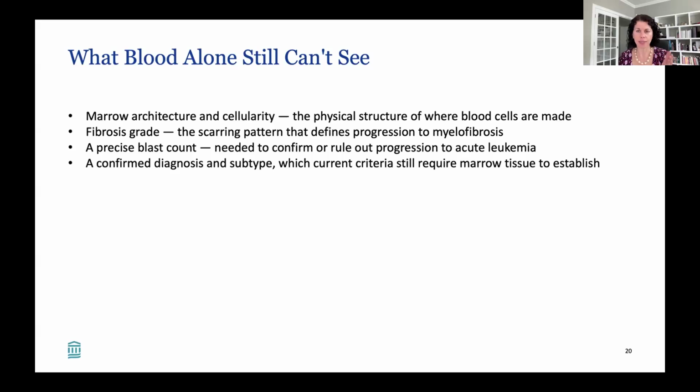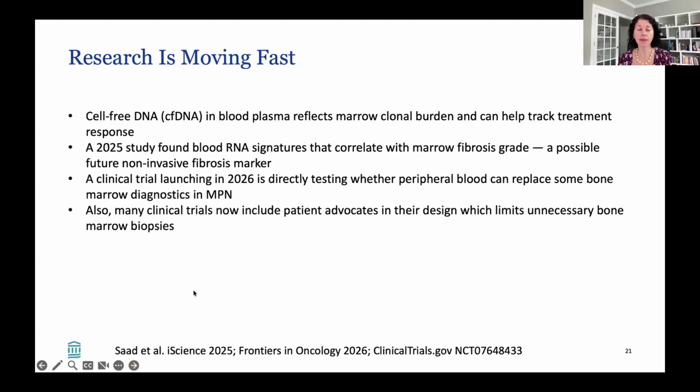And we can't always differentiate between the different subtypes, ET, PV, or MF, by just looking at the blood. But research is changing. And so I think with some of these more sophisticated assays or tests, we'll be able to better distinguish the different conditions and get additional information that's not just the mutational information.